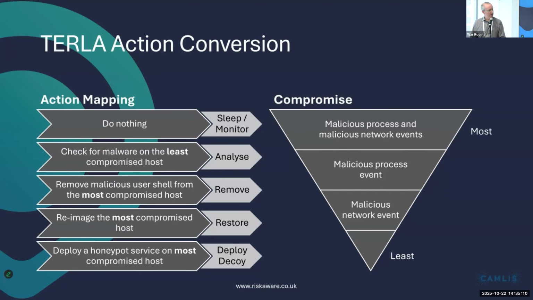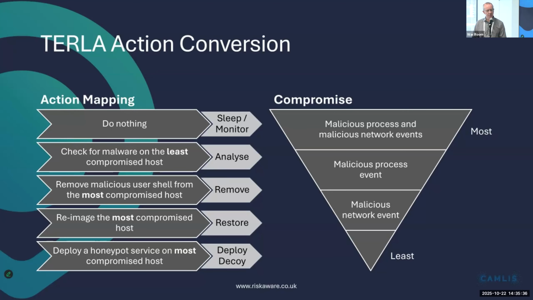The TERLA actions look like this. There are only actually 5 actions total in the action space. Do nothing, and then check for malware on the least compromised host, remove malicious user shell on the most compromised host, re-image the most compromised host, and deploy a honeypot service on the most compromised host.